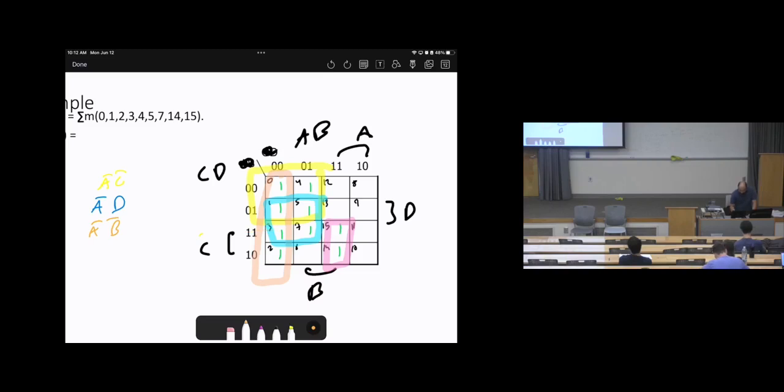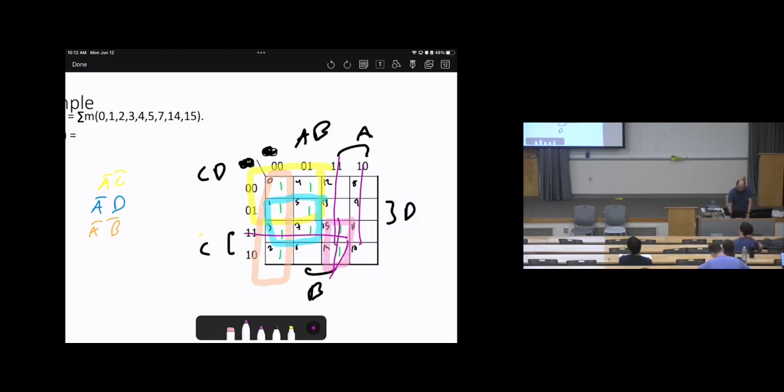Then the last one, here's the pink color, so it includes 2, there should be 3 variables. It's within the A area, then B area, C area. While D, sometimes D bar, so D is not an option. Okay?